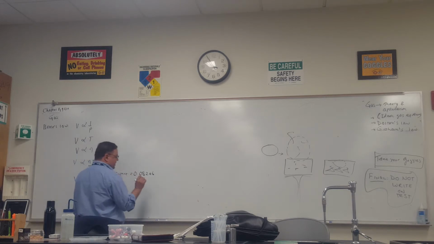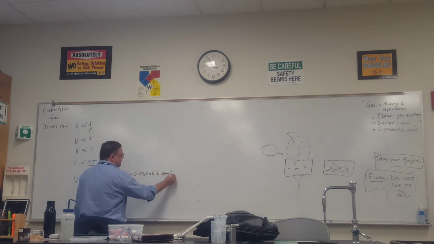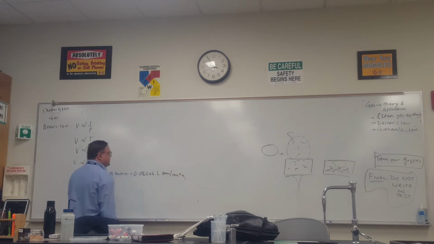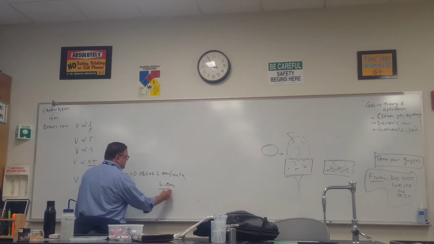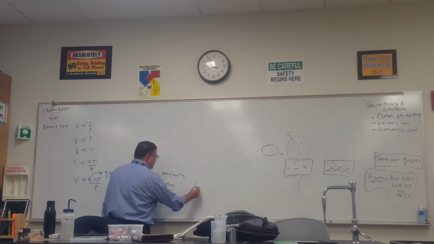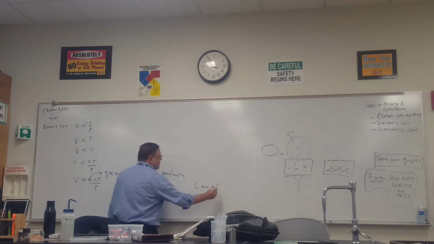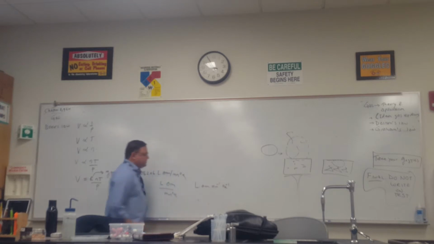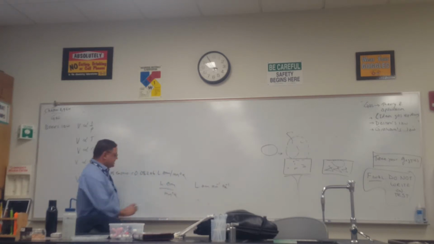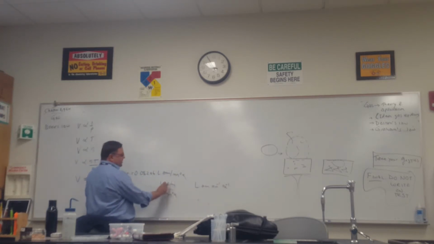Now we have one unit, I'm going to explain that, okay? Liter atmosphere per mole per degree Kelvin, or sometimes it is written like liter atmosphere mole to the minus one Kelvin to the minus one. One sentence, because the units at the bottom go to the top with a change in sign.